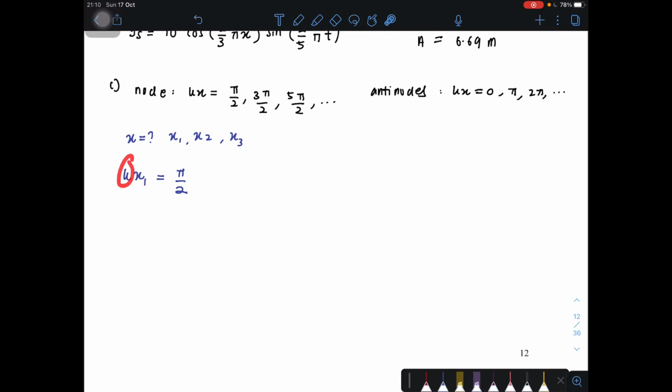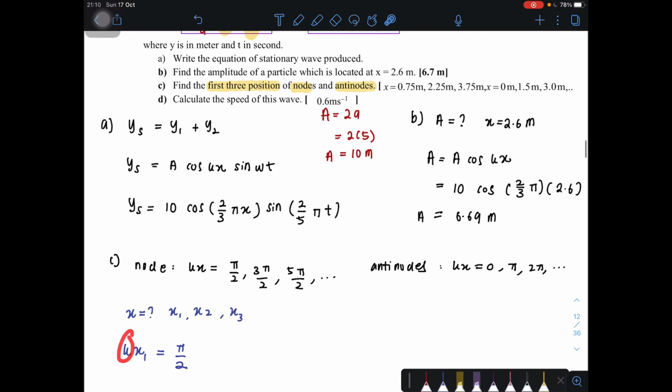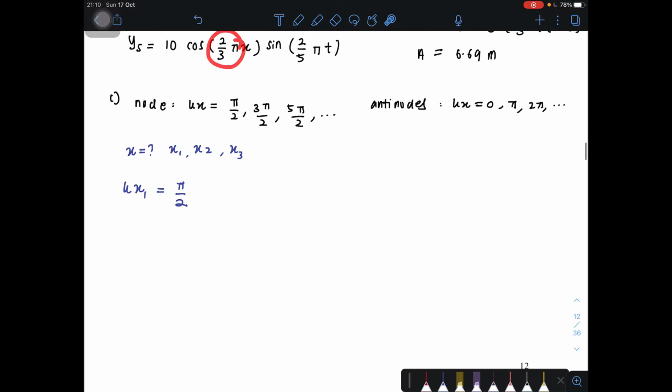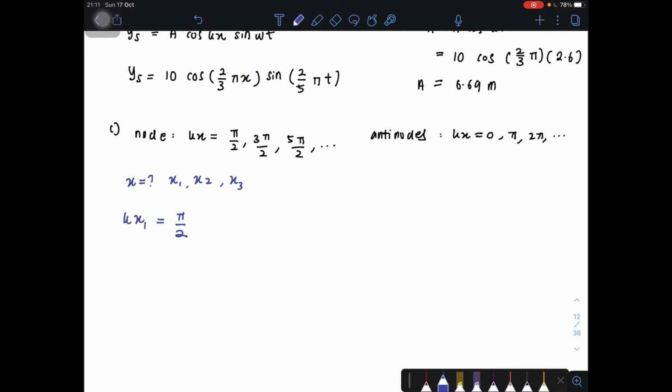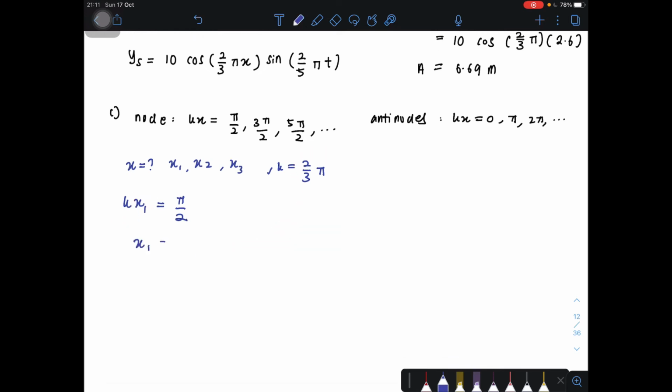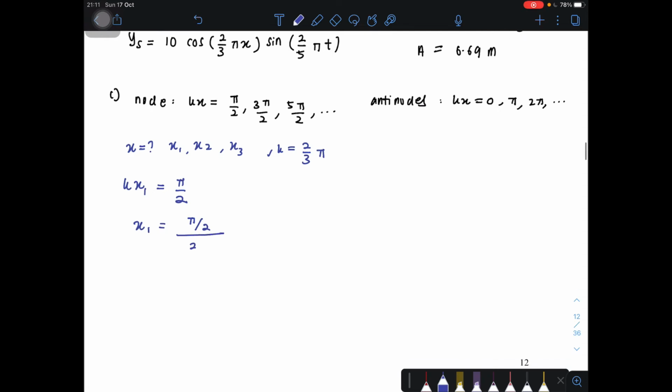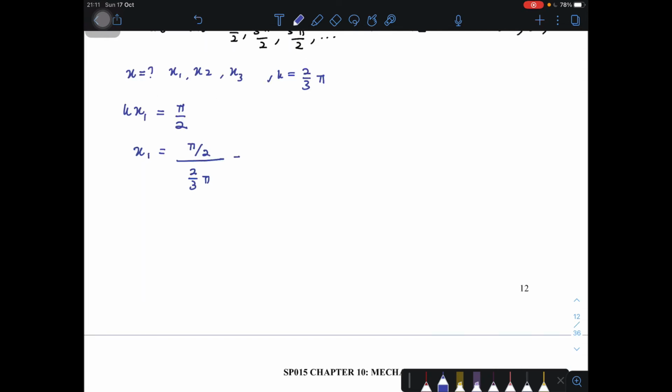Dan k adalah sama dengan this value here, 2 over 3 pi. So k adalah sama dengan 2 over 3 pi. Then you just masukkan this one to here. So we can get the value for x1. So x1 sama dengan pi over 2 divided by 2 over 3 pi sama dengan 0.75 meter.